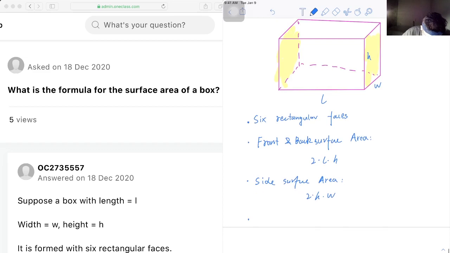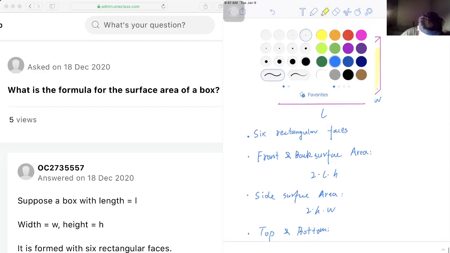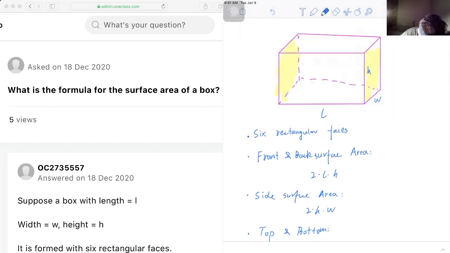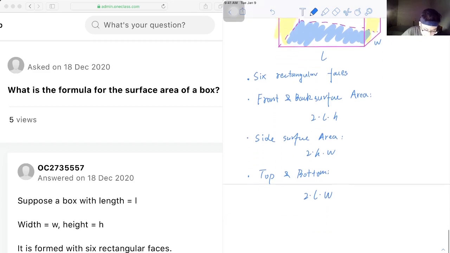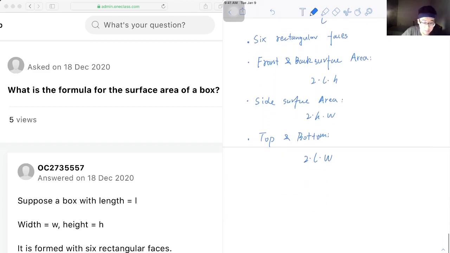And lastly, we have the top and bottom, which will be this part. So that is going to be L times W, and since there are two of them, it's going to be 2 times L times W. And then the last step will be just add them up.